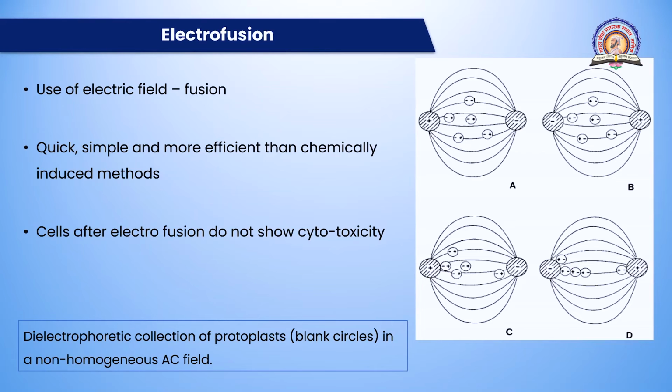Dielectrophoretic here means both of the charges are present in the same solution, and electrophoresis means under the influence of electric current, they are trying to move from one place to the other. So similarly here what we can see is the formation of a chain of protoplasts in a suspension. Now you can see small black circles in the diagram with some charge, and they have aligned themselves in a chain form.